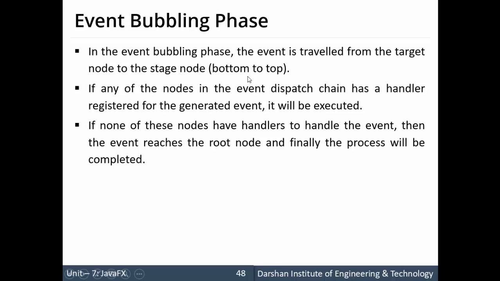If any node in the event dispatch chain has a handler registered, in the bubbling phase, it will be executed. But if none of the event handlers are there to handle the event, then the event reaches the final root node and the process is over.